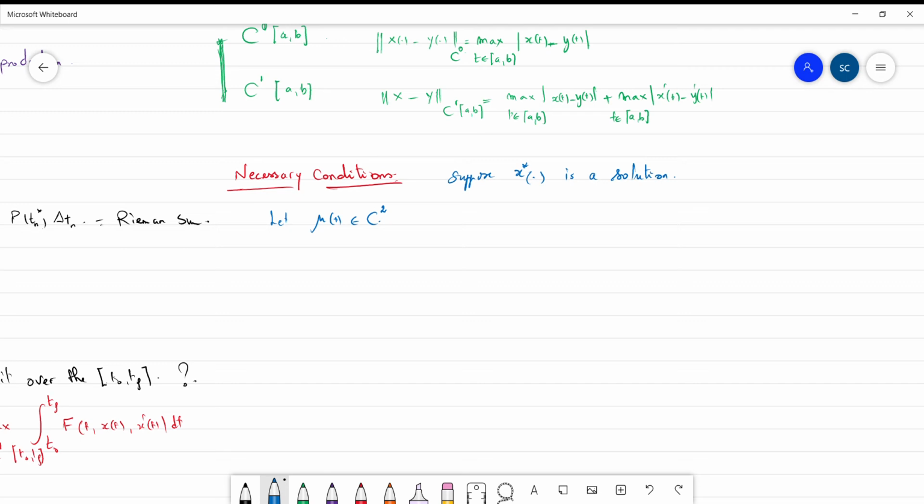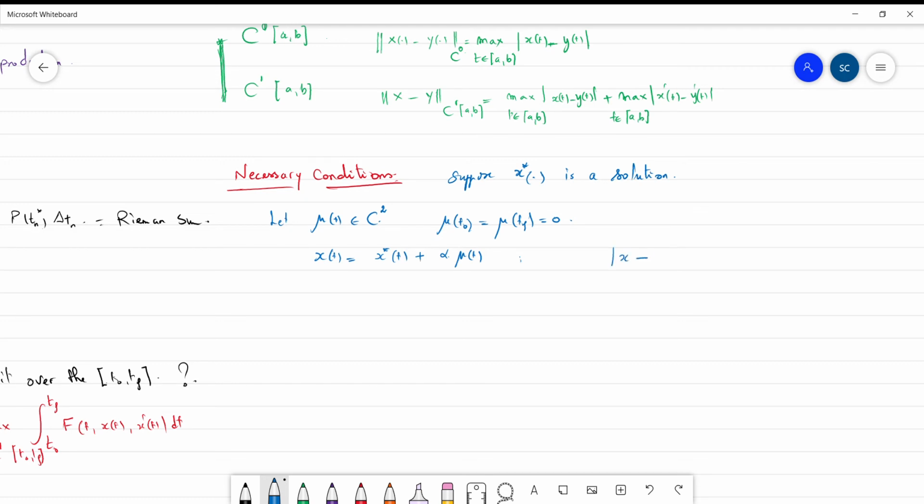Its value at the initial point t0 is 0, and its value at the final point is 0. It's always possible to find such functions, and we will construct a function x(t) moving from x star(t) plus a factor alpha of mu(t). And you see why we are doing this.